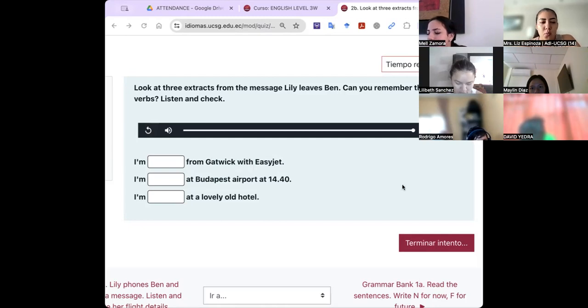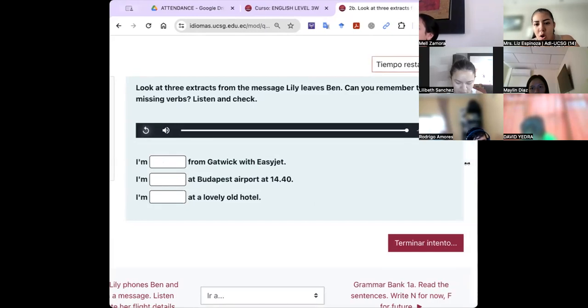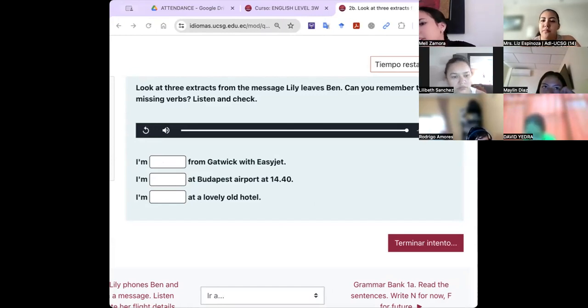So which one do we use? Remember with -ing. So for number 1, what will be the answer? For number 1, I am arriving, staying, or flying from Gatwick with EasyJet. What can you say?